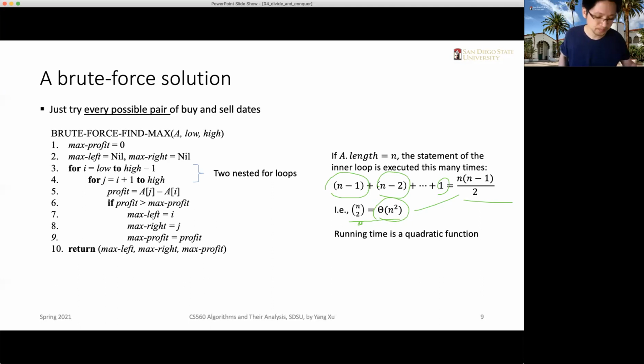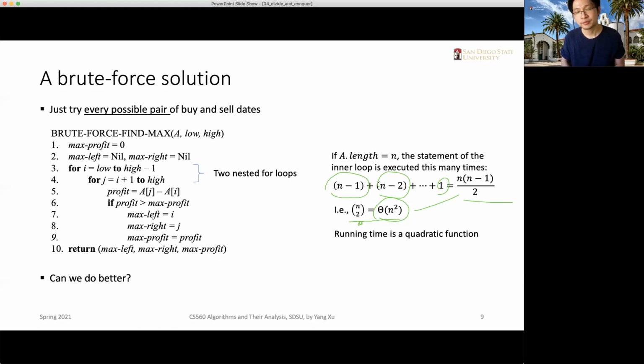But the thing is, it's a quadratic running time function. If we recall insertion sort, it is not the ideal one. There is some space for improvement. When the input is large, a quadratic function grows really fast and will cost us a lot of time.